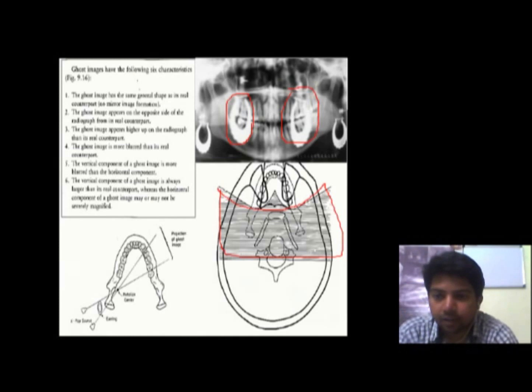And these ghost images are formed only when a highly radiopaque object is present between the source and center of rotation. This is the center of rotation and this is the source. So the earrings which are placed between the source and center of rotation resulted in formation of a ghost image.